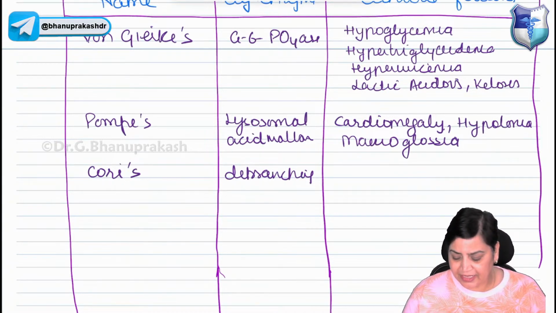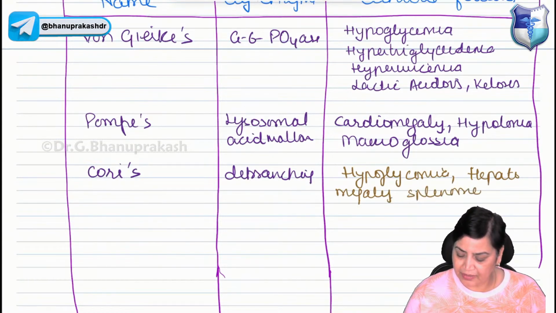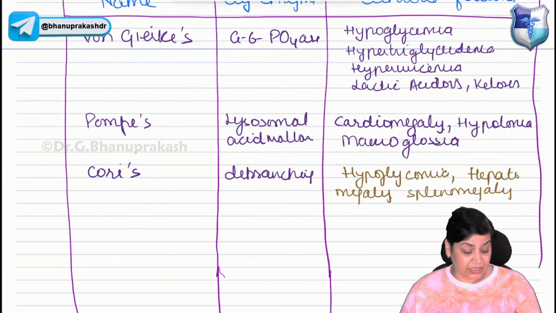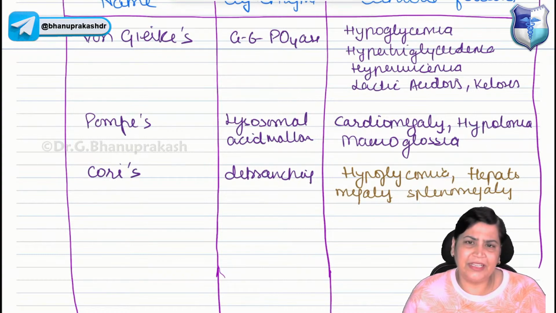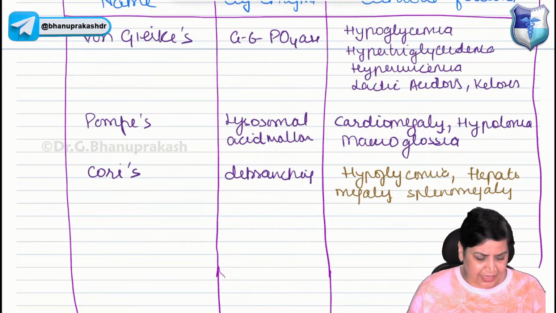In Cori's disease again I can simply say hypoglycemia will be there. Ketosis will be there. Hepatomegaly will be there. Splenomegaly will be there. Right. And since there will be limit dextrinosis, the liver enzymes also will be a little bit changed.